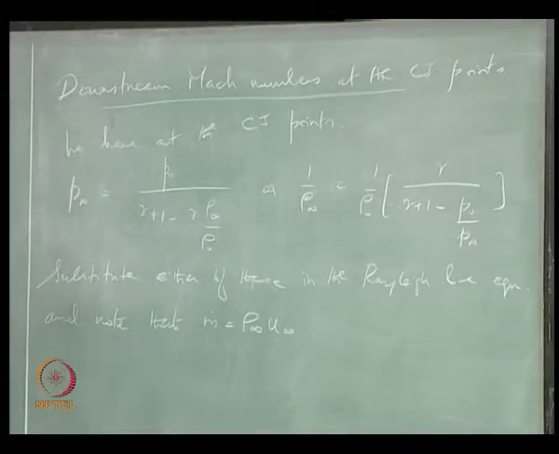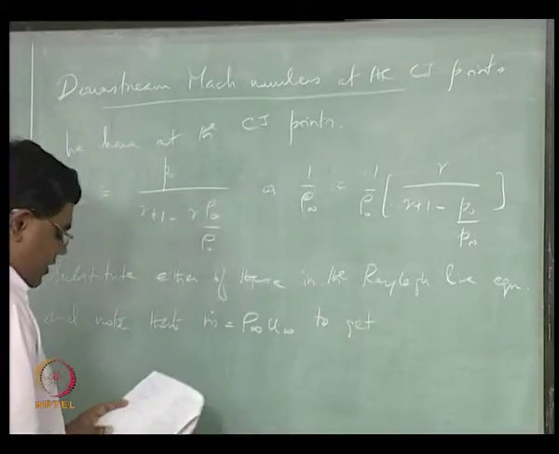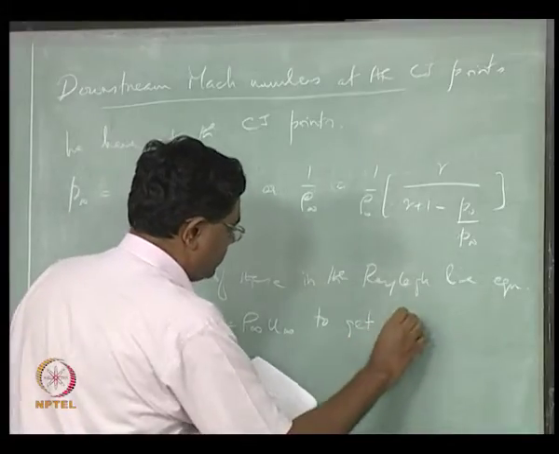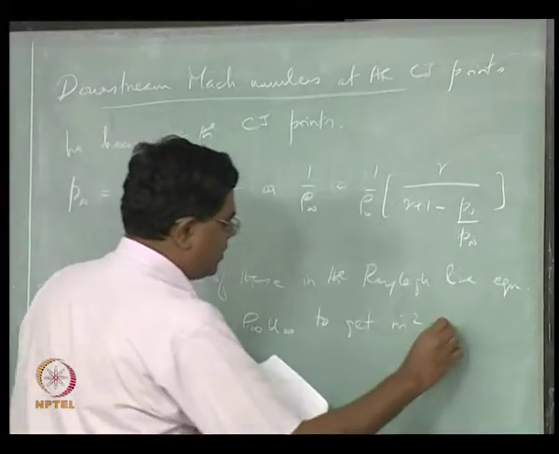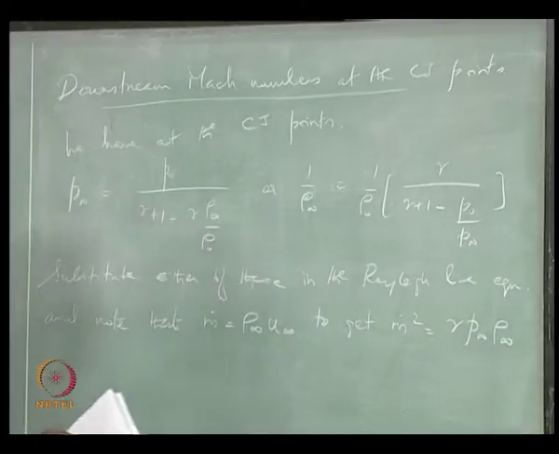You should get, simply, m dot squared equals gamma P infinity rho infinity. Now this is not very different from what we had over here.